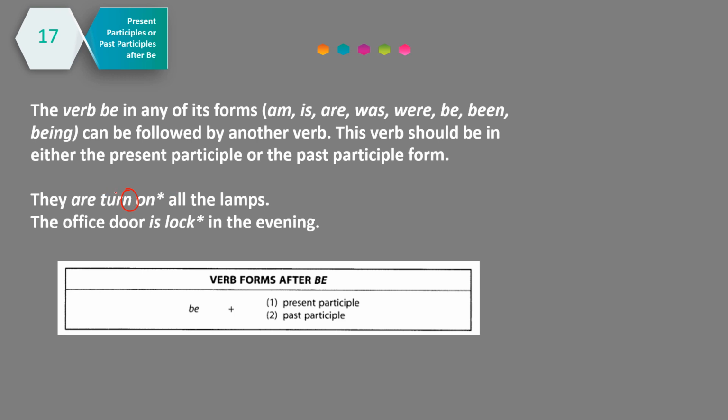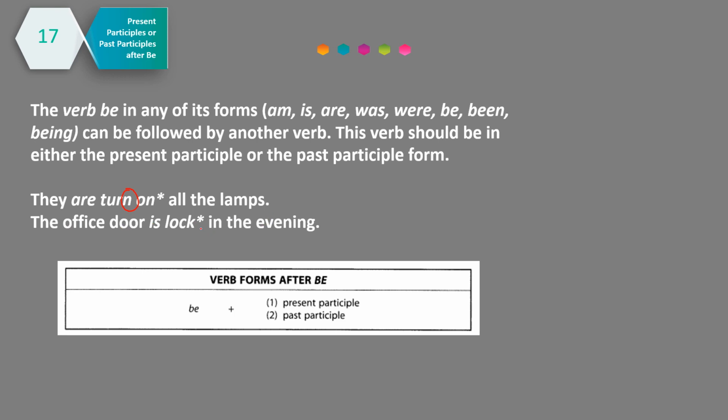If the sentence, semantically based on the meaning, is an active sentence, so after be, we must have present participle. But if the sentence is in the form of passive voice, like the second example, the office door is locked in the evening.